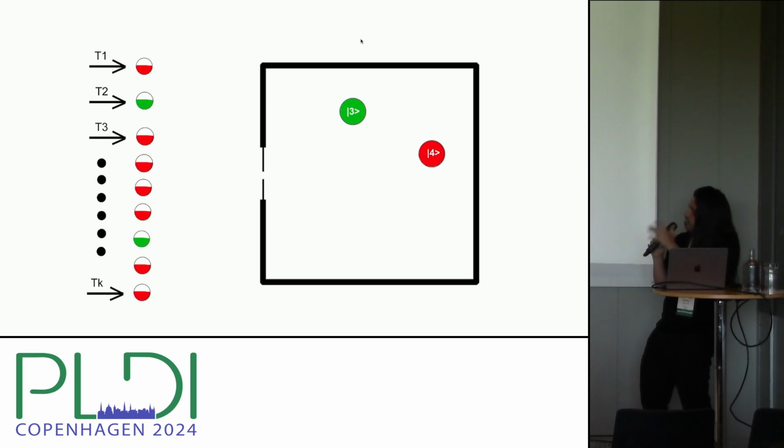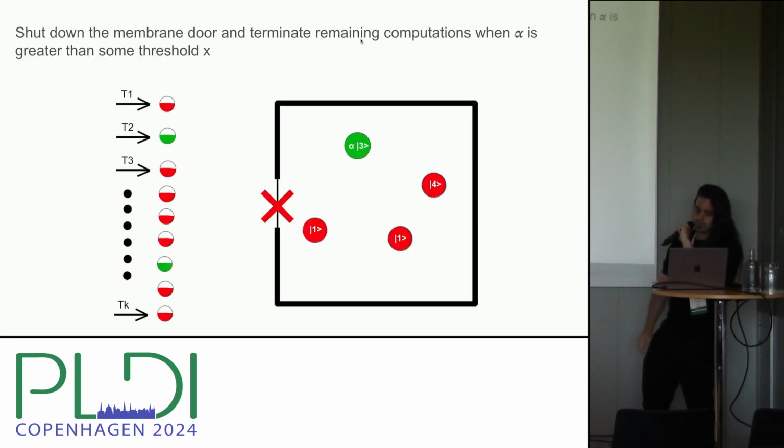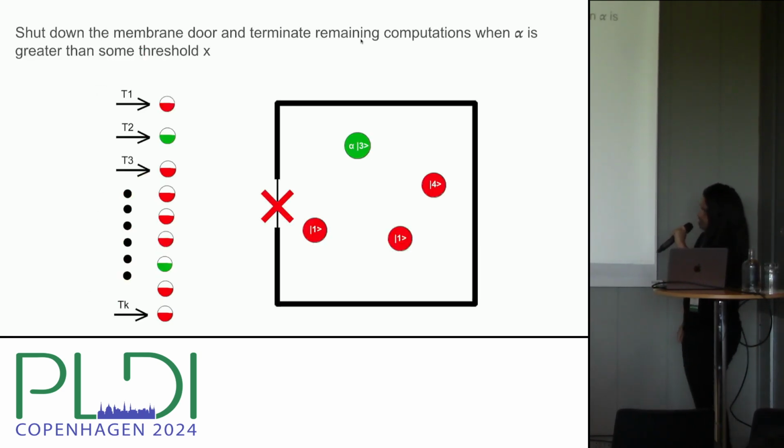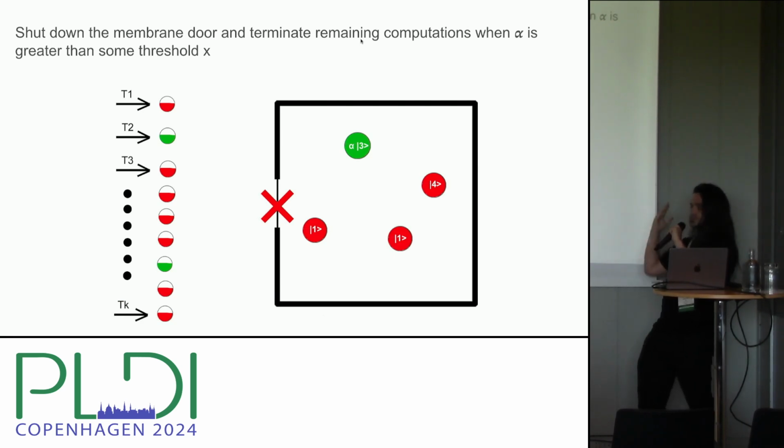But the fact that this is a concurrent operation and things can happen in randomized orders gives us a new degree of freedom. So what I'm going to do is pick some threshold x for my amplitude, 0.25, 0.1, depending on the problem. You have to be careful in how you pick this.